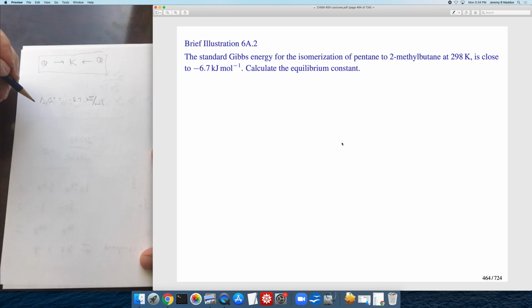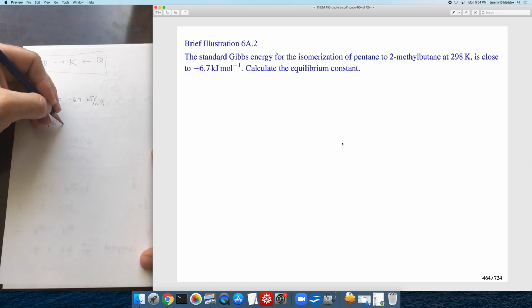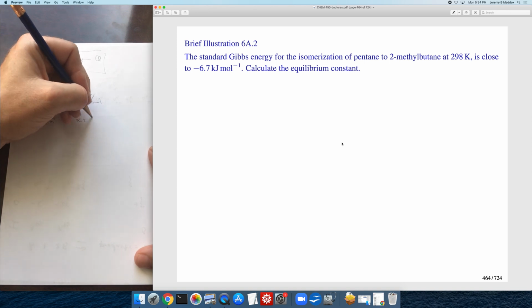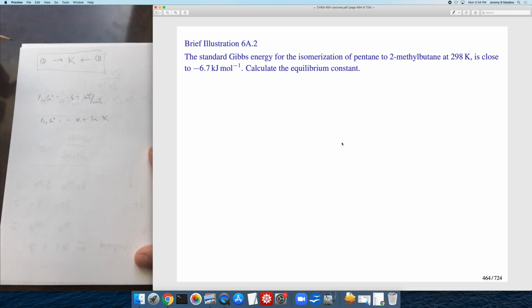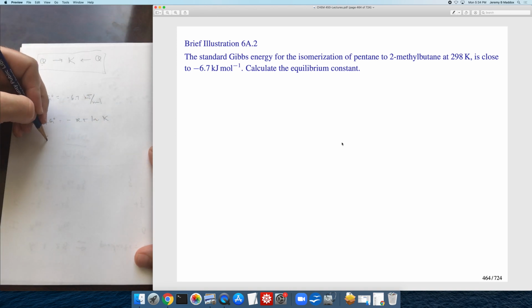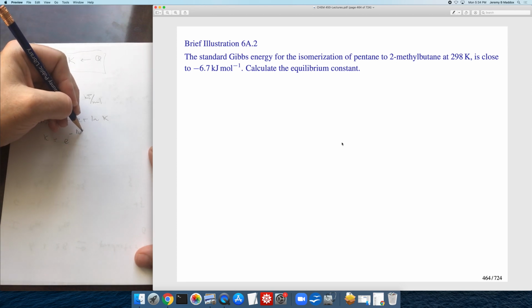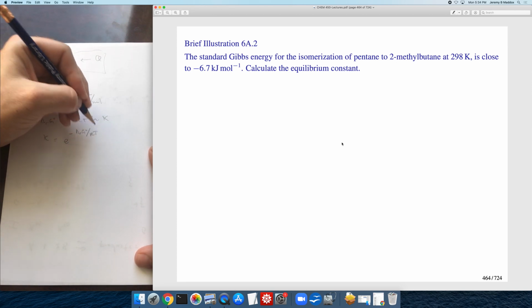Calculate the thermodynamic equilibrium constant. You use this relationship here: delta G standard is equal to minus RT natural log of K. They want us to find K, so we would write this as negative delta G naught over RT.